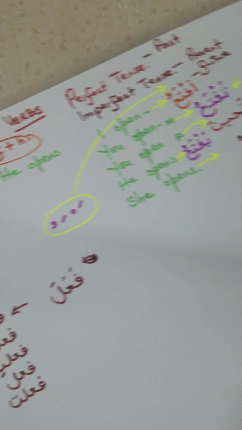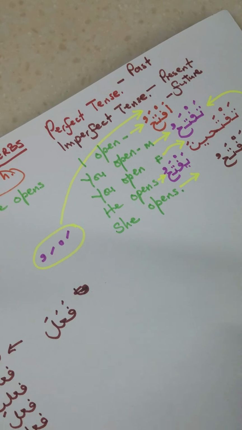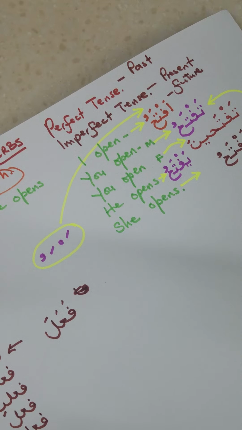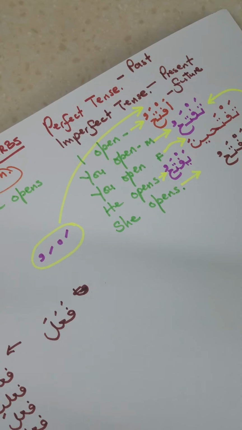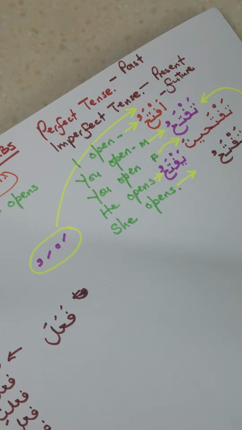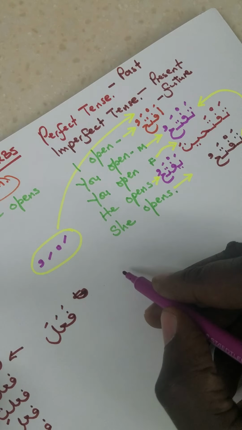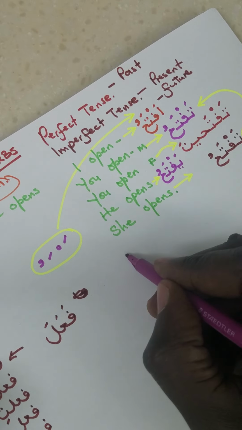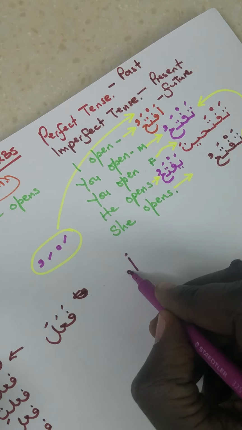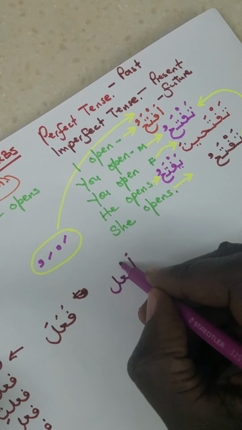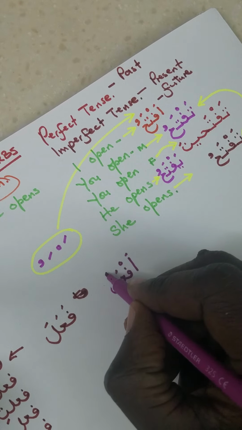Now, how do you say the same thing in the present? In the present, we are going to have words like af'al. Af'alu, you see, for I, we are always going to start with a. Af'alu.